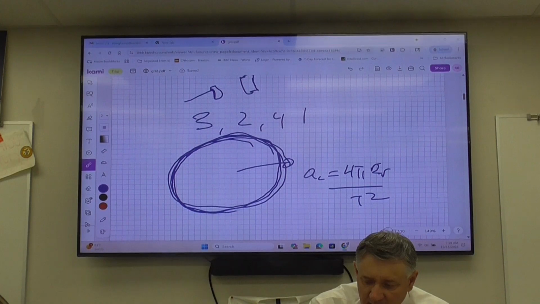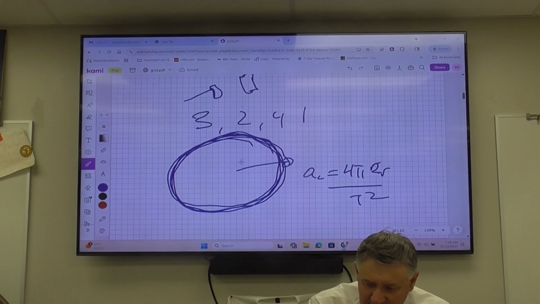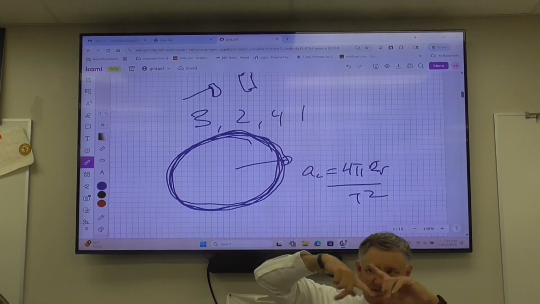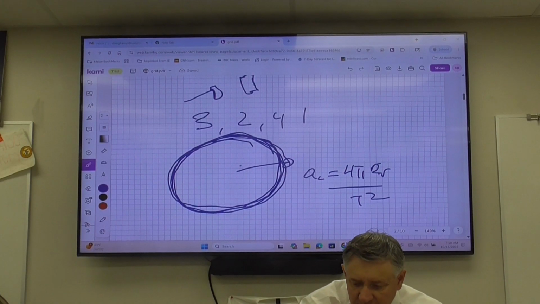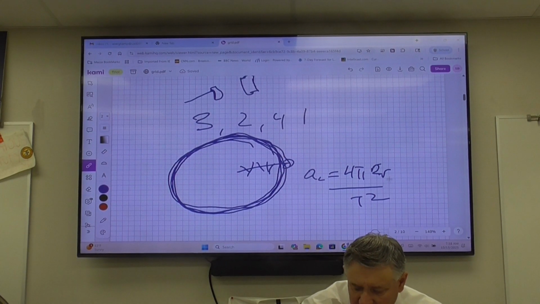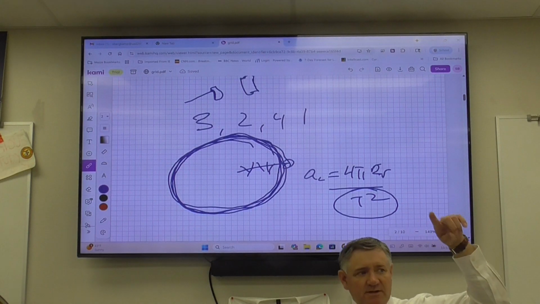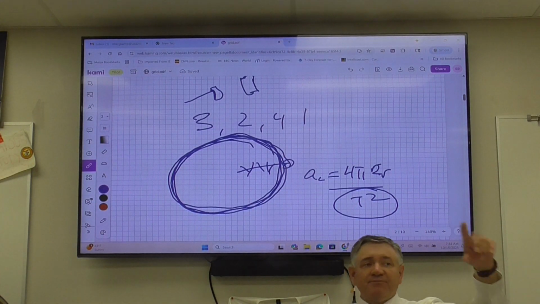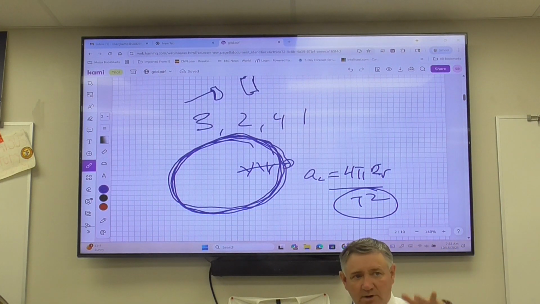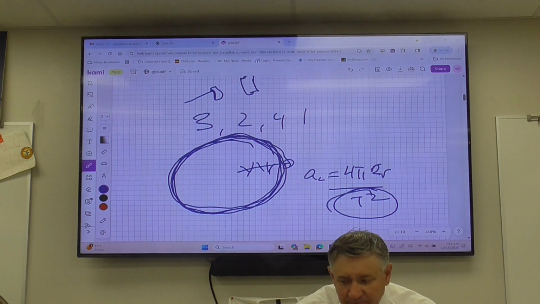So if you look at what's going to happen, if this is the inside of your spaceship as it spins, every point on here is going to have the same value of period, because it's all going to spin at the same rate, just like we did with the quarters yesterday. So T is the same.